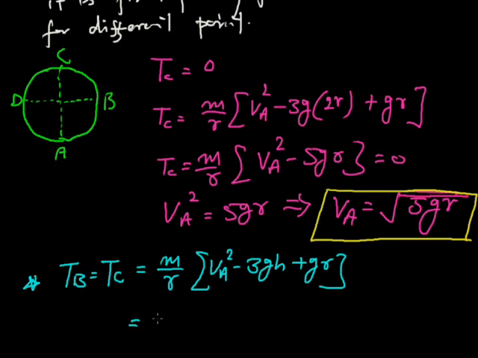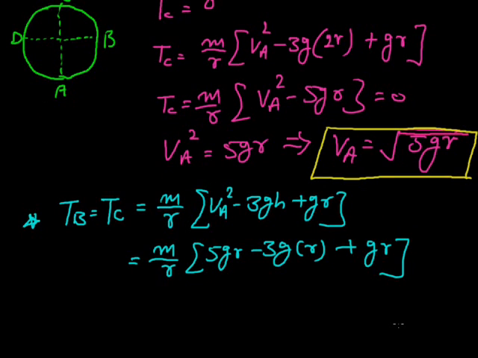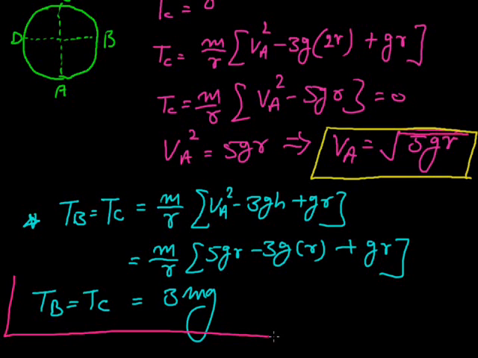Put the value of Va square, that is 5gr, minus 3g, here h will be equal to r, plus gr. 6gr minus 3gr upon r times m, it is equal to 3 mg. Tension at B is equal to tension at C will be equal to 3 mg.